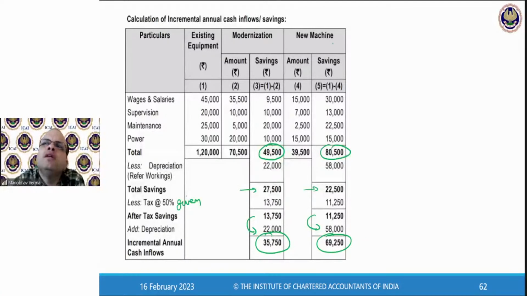The only thing is, think from that perspective, Sufal, that the depreciation on the modernization, we are only calculating on the incremental stuff. So the point is, how would you have considered the salvage value and all, right? So I think let's stick to a standard approach. Otherwise, we'll create a confusion for ourselves.